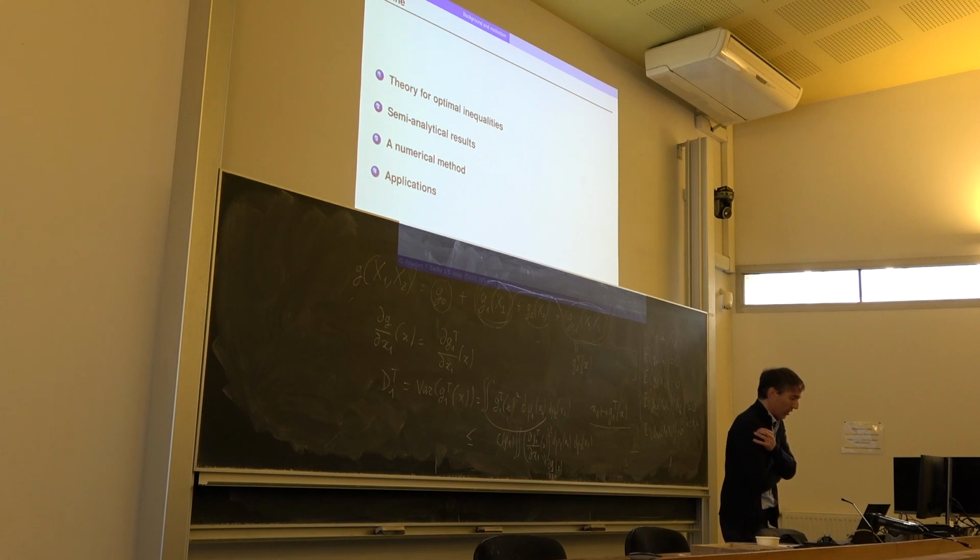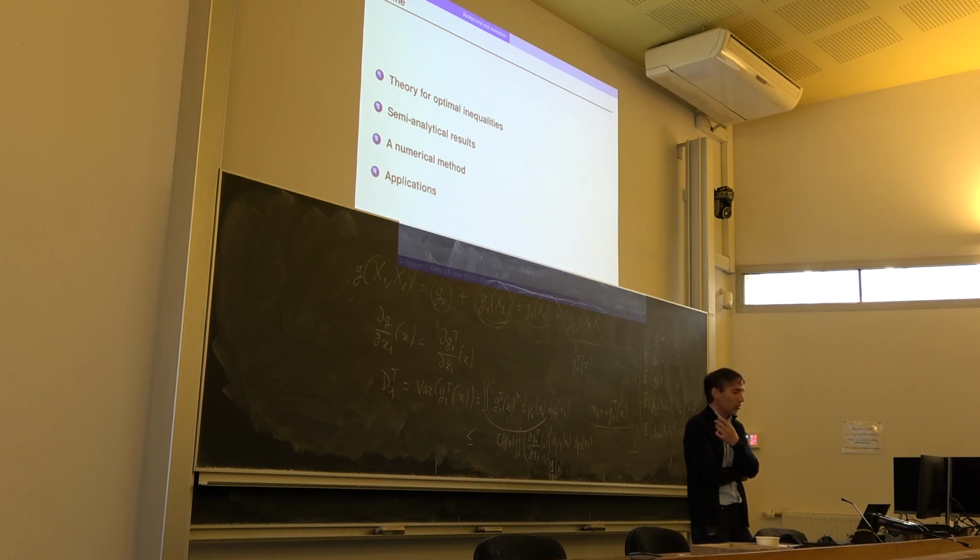I will show you some new results then in theory, and we will see that we can bring some new results, but not for any probability distribution in theory. So we will need a numerical method for a general probability distribution. And then we will apply it to our example.